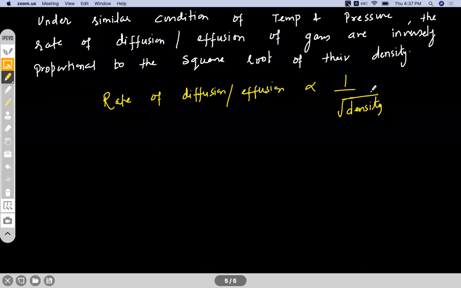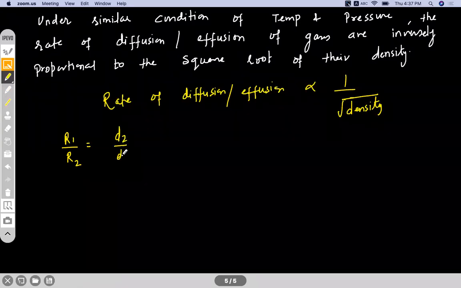Okay. So density is directly proportional to molecular mass, because density we know is equal to mass by volume. So for two different gases, at similar conditions, we can write R1 by R2 for two different gases is equal to density of 2 by density of 1, and the square root of it.